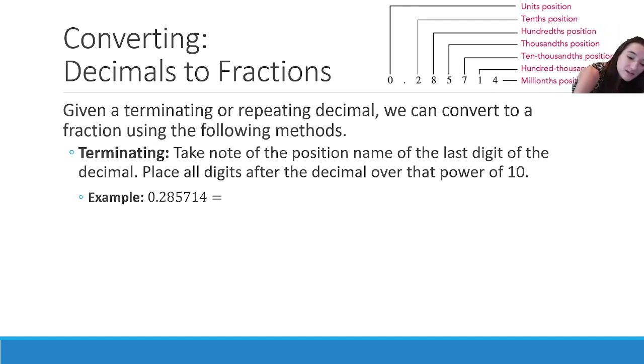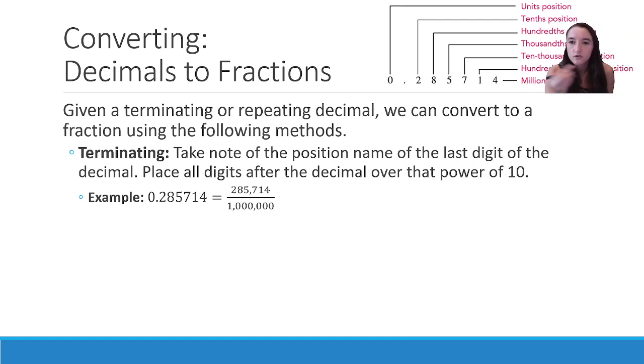It is the millionths position. So we write that as 285714 over 1 million. That's the fraction. Now, is that reduced? No, it is not. This can be reduced from there, but at least we have a fraction to start from. After that, we go find our common divisors, etc., to reduce it.